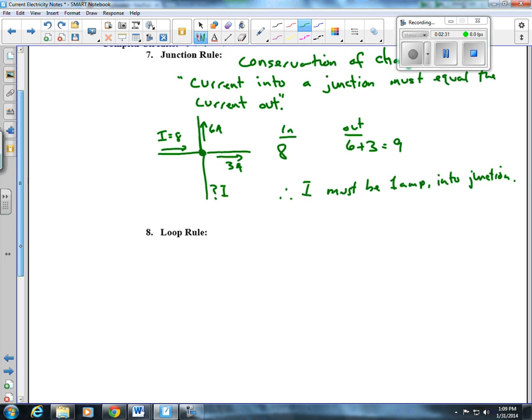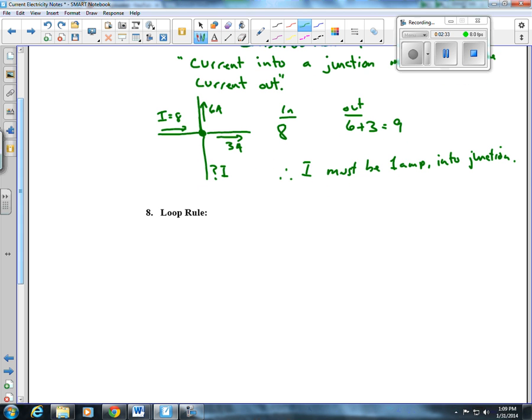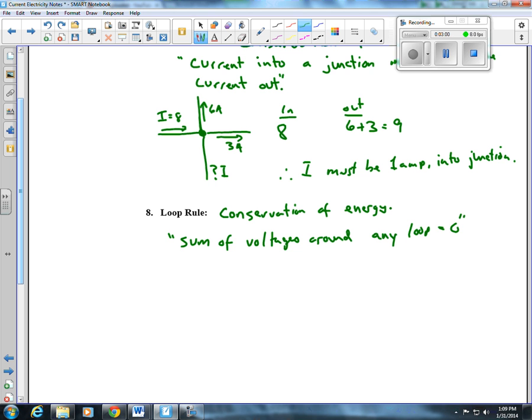So it's a very straightforward rule. Second one is the loop rule. The loop rule is a conservation of energy rule. And our voltages are related to our energy, so this has to do with voltages. And the rule is going to say that the sum of voltages around any loop is equal to 0.